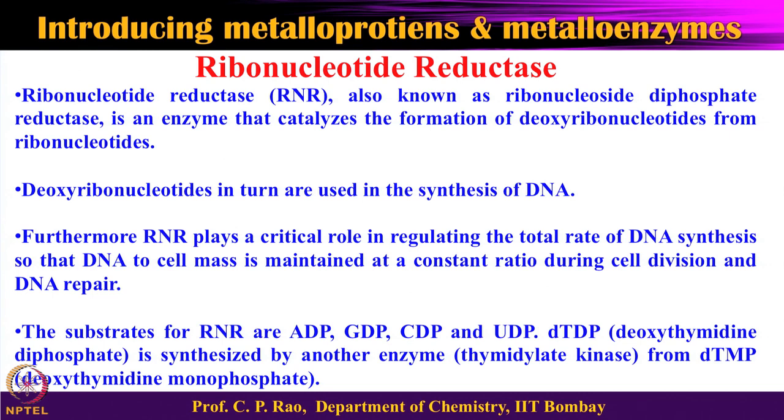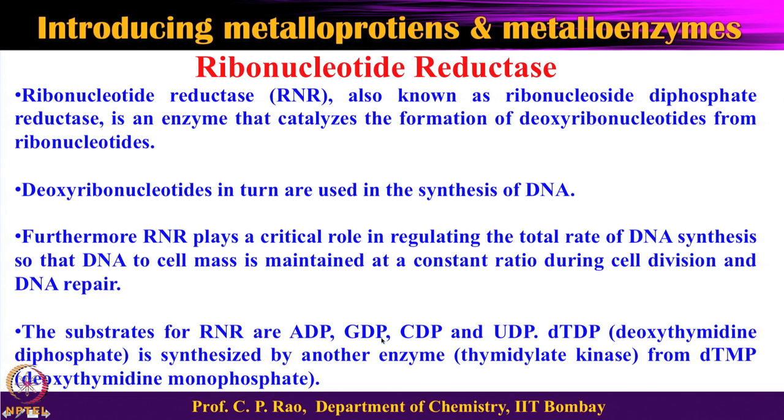So conversion from the ribonucleotide to the deoxyribonucleotide happens here. One of the first and foremost steps is ribose to deoxyribose, and that is converted by this enzyme. So this enzyme is very important for cell division, cell growth, etc.